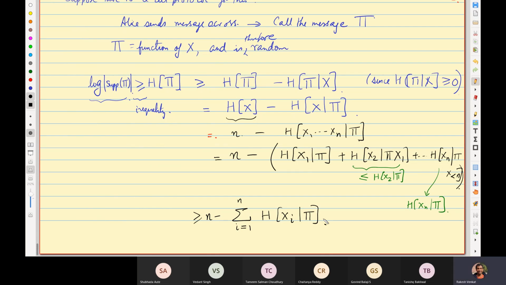Okay, so notice how this plays out nicely using the algebra of the chain rule. You have reduced it to the entropy of a single bit Xi given pi.